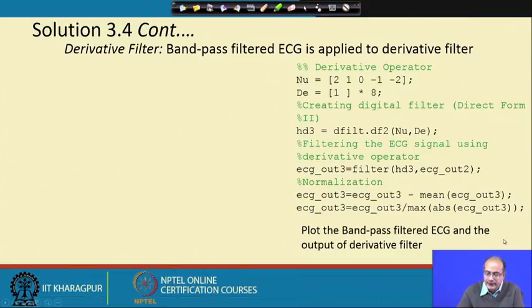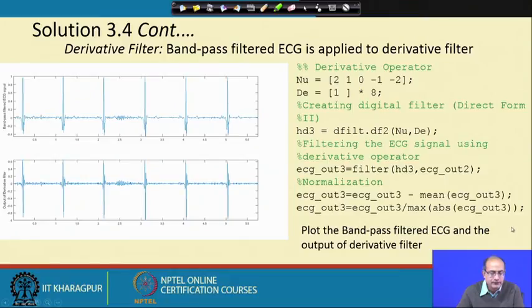So, with that we get the output of the derivative filter, and we can see that the signal waveform is much more changed. However, now the QRS complex has become more prominent and probably more symmetric than the previous one.